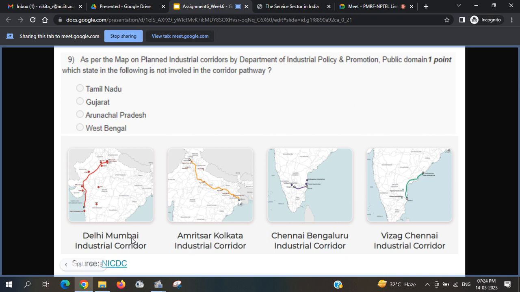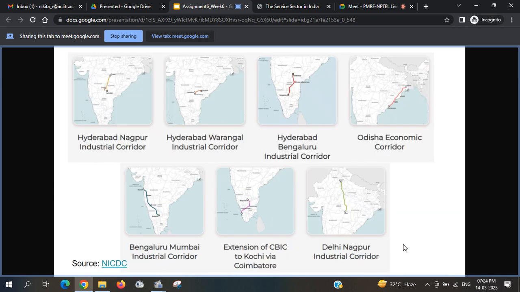So there is the Delhi Mumbai industrial corridor, Amritsar Kolkata industrial corridor, Chennai Bangalore industrial corridor, then there is Vizag Chennai industrial corridor, then Hyderabad Nagpur industrial corridor, Hyderabad Warangal industrial corridor, Hyderabad Bangalore industrial corridor, there is also Odisha economic corridor, and then Bengaluru Mumbai industrial corridor, Kochi and Coimbatore industrial corridor, then also Delhi and Nagpur industrial corridor.